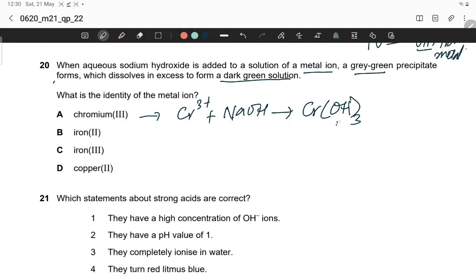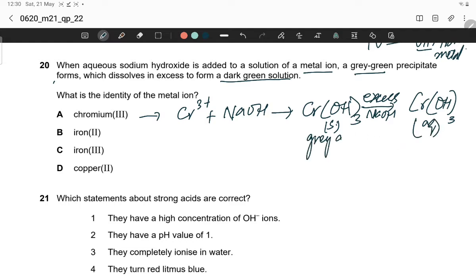With a few drops it is solid, and when excess sodium hydroxide is added, it dissolves. This is a gray-green precipitate and forms a dark green solution.